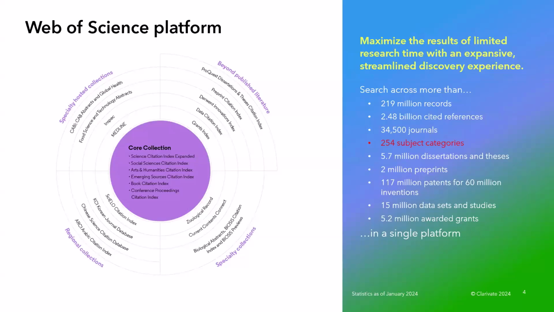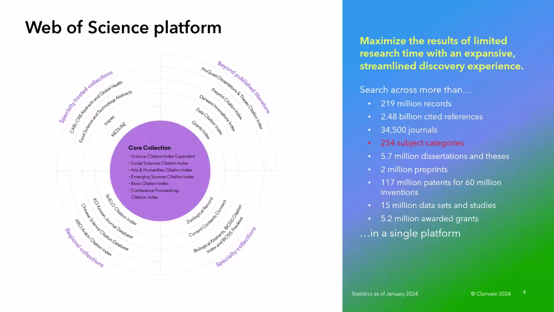There is a trend that has been developing over time, and that is, research is branching out. Researchers are no longer restricting their search just to content from scholarly journals. We are trying to surface all of the diverse outputs in scholarly communication, and that is reflected in the Web of Science database today.